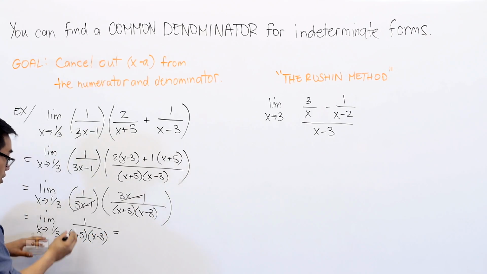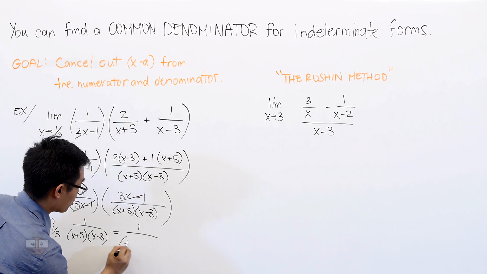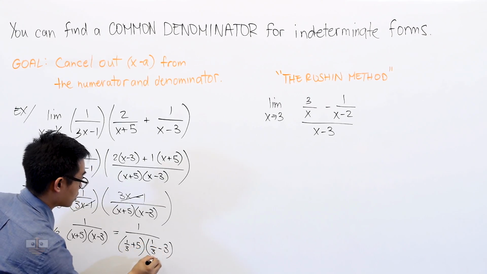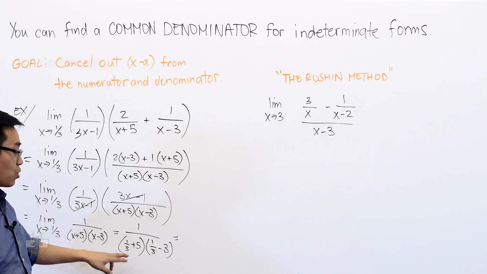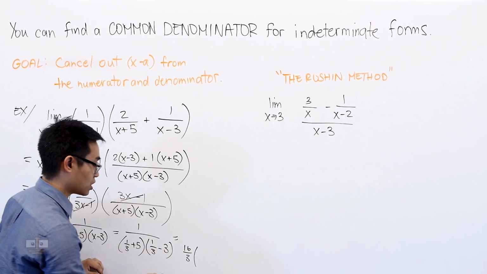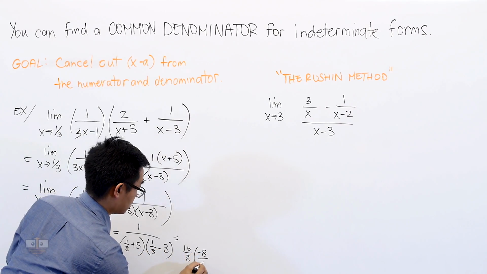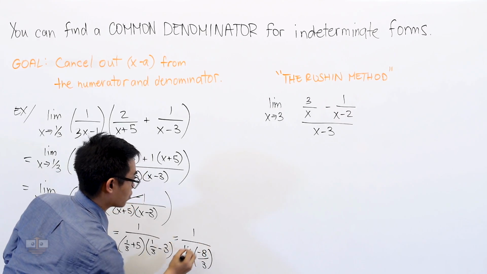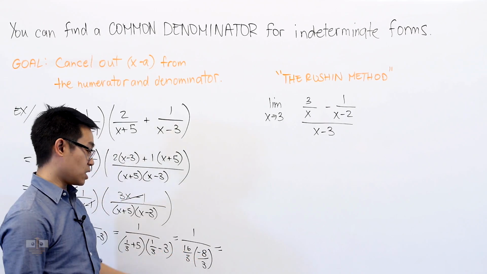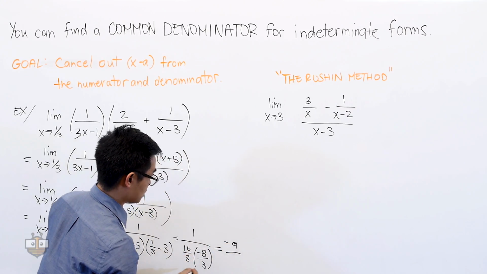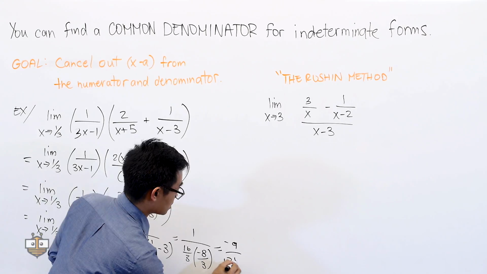When you sub in here, you'll get 1 over 1/3 plus 5 times 1/3 minus 3. 1/3 plus 5 is going to be equal to 16 over 3. 1/3 minus 3 is going to be negative 8 over 3, all under 1. So when you type this in, you're going to end up getting negative 9 over 128. That's your answer for this.